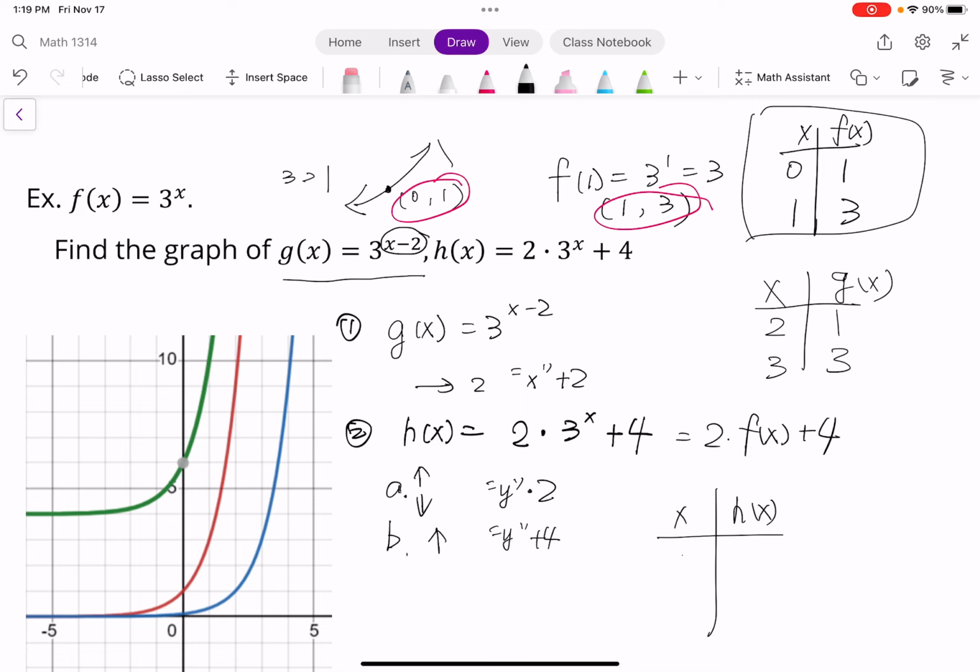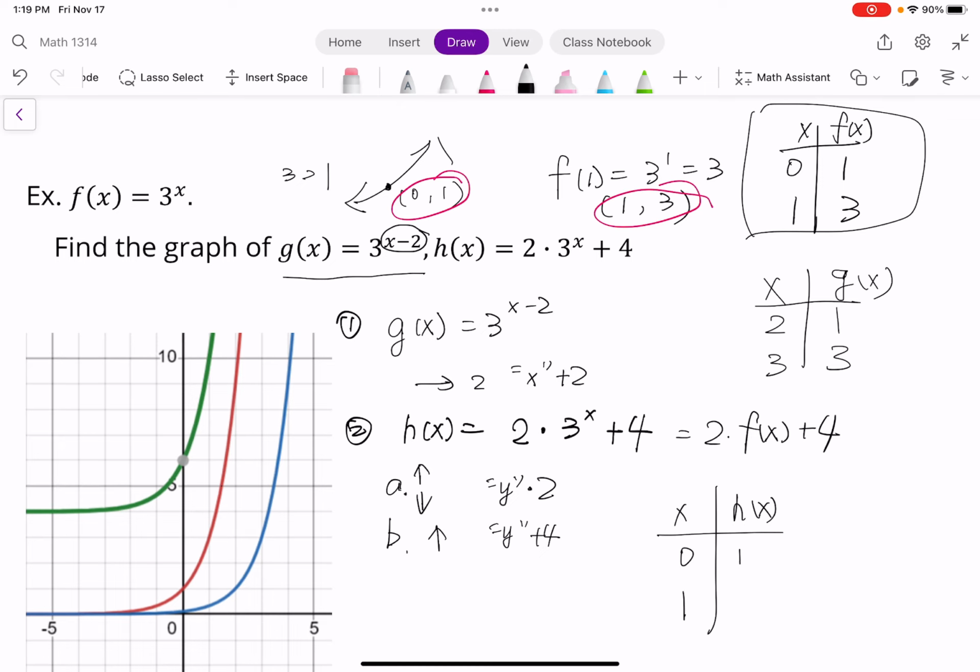So x didn't change. All the y values times 2 plus 4. 1 times 2 plus 4 is 6. 3 times 2 plus 4 is 10. What are the new key points? (0, 6) and (1, 10).